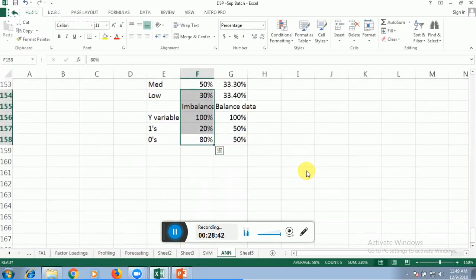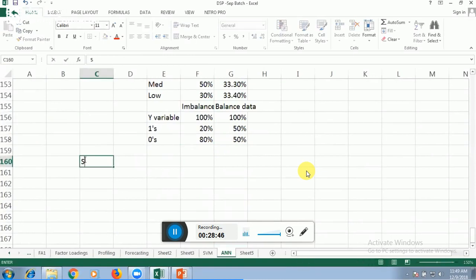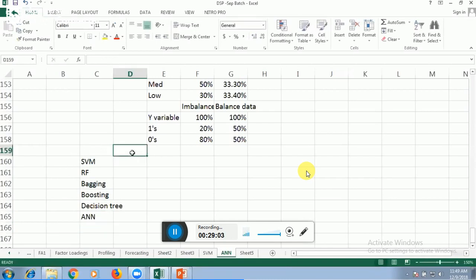Why I'm talking about this is that in most scenarios, for example SVM, random forest, bagging or boosting, decision trees, ANN, by default you take a threshold value of 0.5.